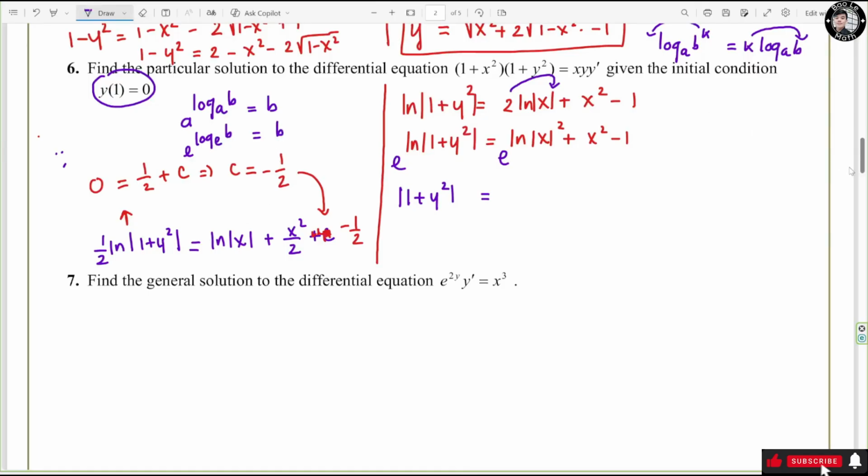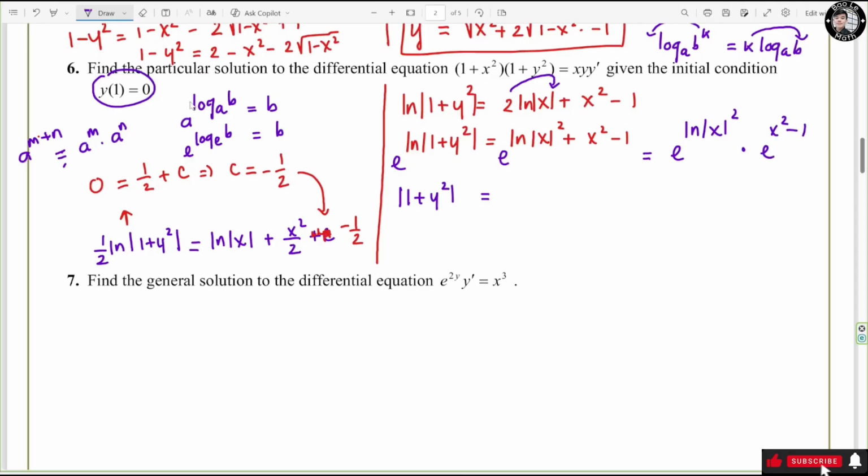On the right hand side, you need to be careful. You need to apply the formula a to the m plus n equals a to the m times a to the n. So this becomes e to the ln absolute value of s squared times e to the s squared minus 1.